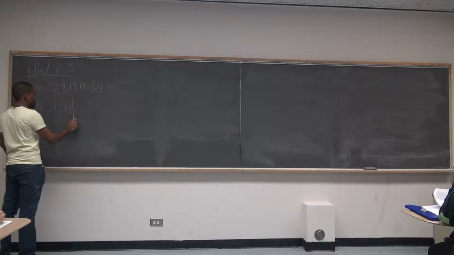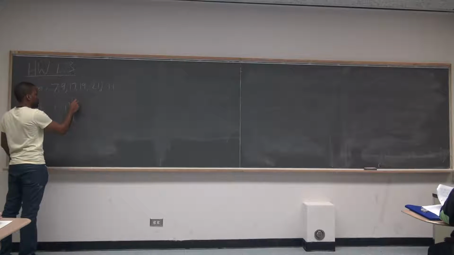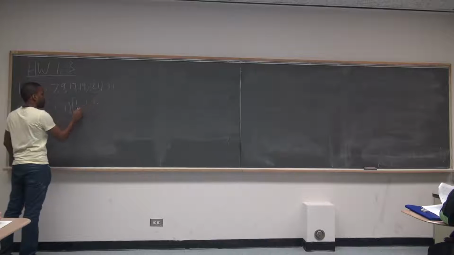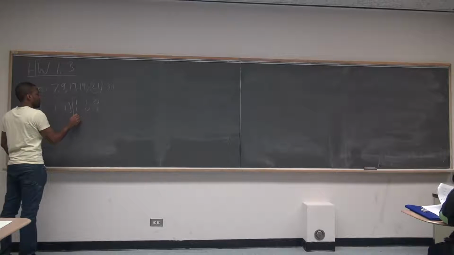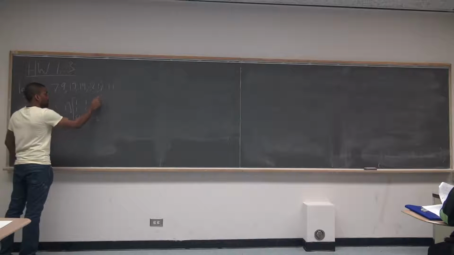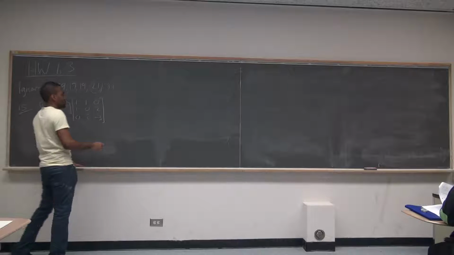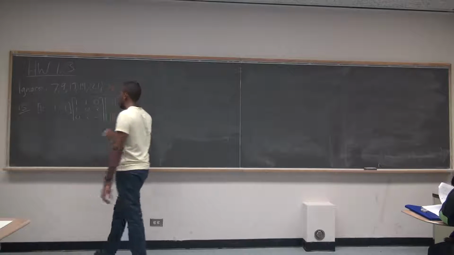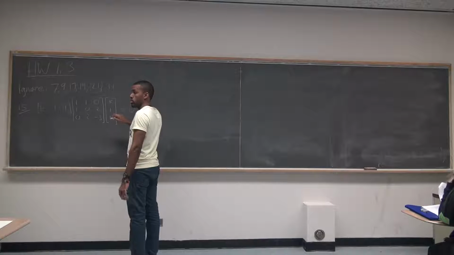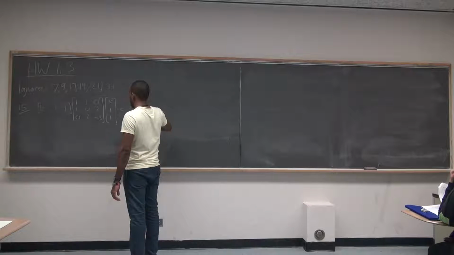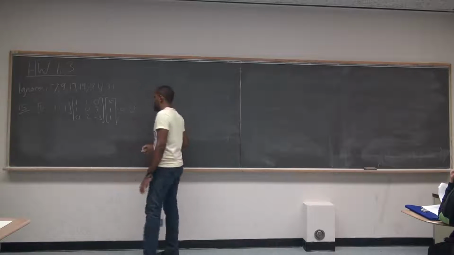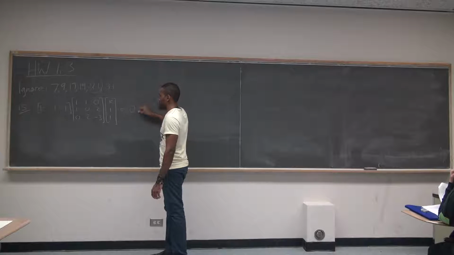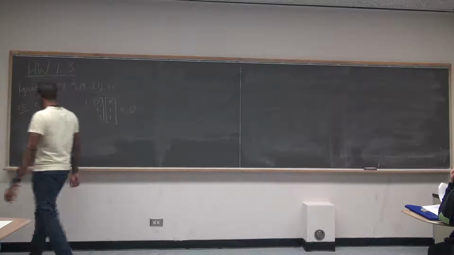I'll say it by row: the top row is 1, 1, 0, then 1, 0, 2, and then 0, 2, negative 3. Then you have one more matrix, just a column, k, 1, 1. And that's all equal to 0. We'll assume that this 0 is the 1 by 1 zero.